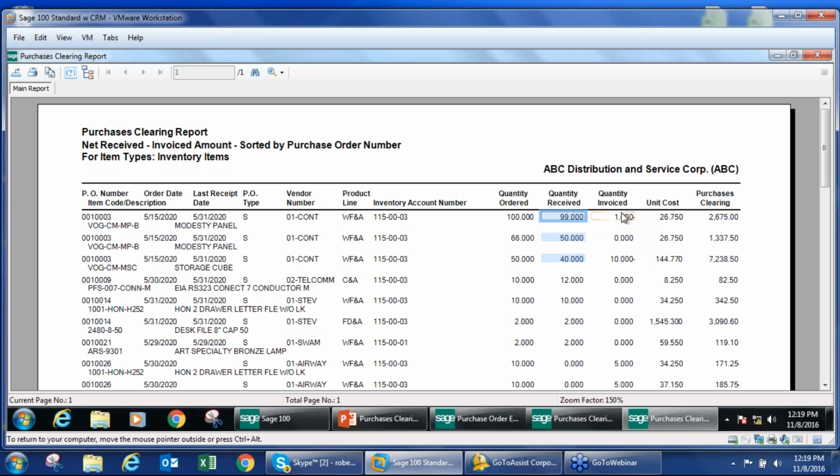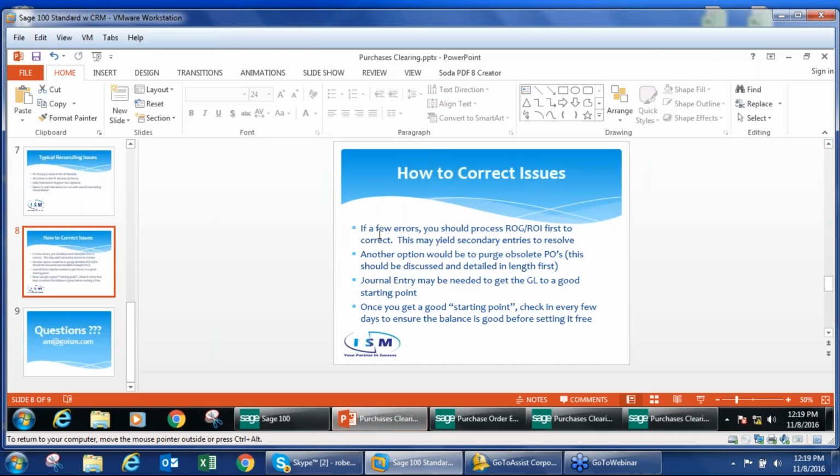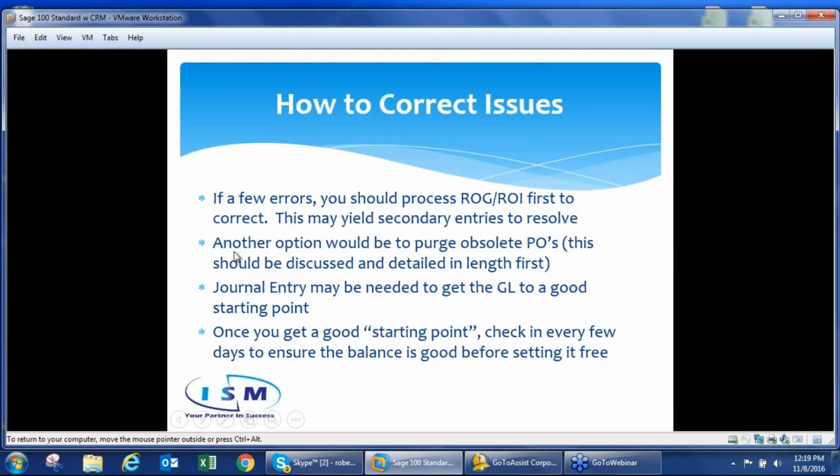So when we do a receipt of invoice, we'll have to give it a new invoice number, and then we're going to have to adjust it back out at the AP. So fixing errors is going to require us to process it correctly in our PO module, but then may yield secondary entries to complete. Another option would be to purge obsolete POs.